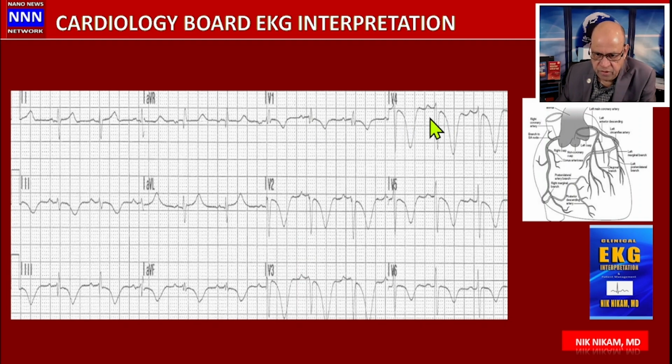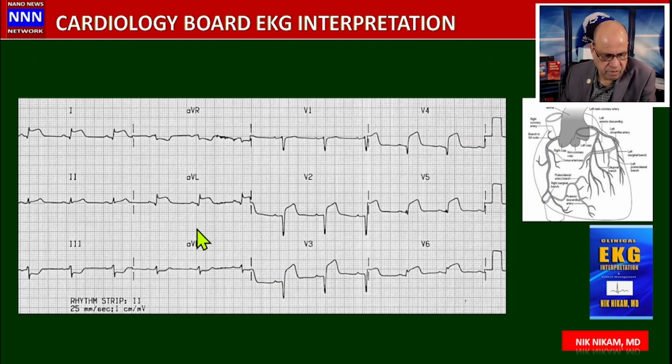V1 to V4, we have loss of R waves, anteroseptal myocardial infarction. Again, it depends upon the history, but these changes may be suggestive of cerebrovascular accident or a recent anteroseptal myocardial infarction associated with global left ventricular ischemia.